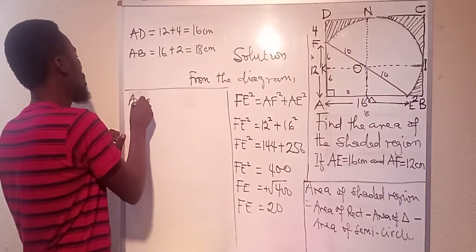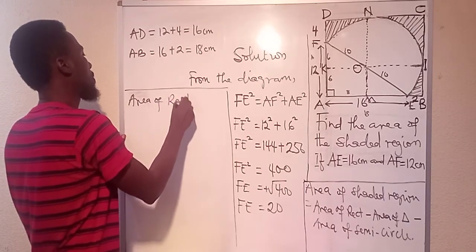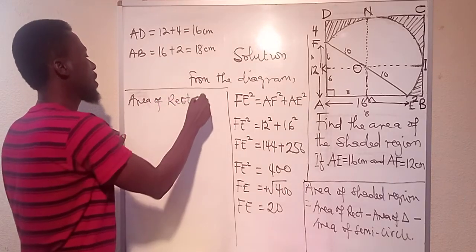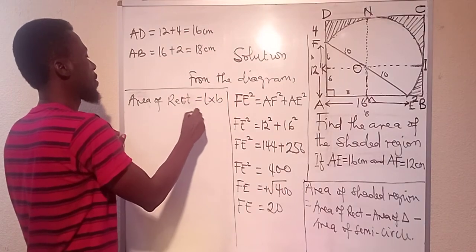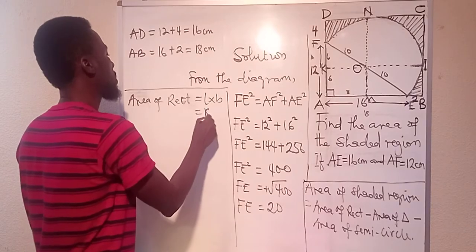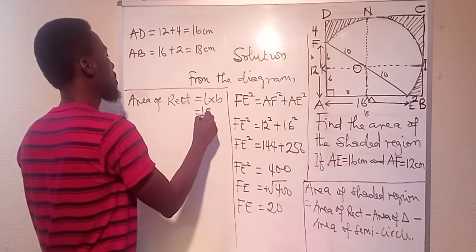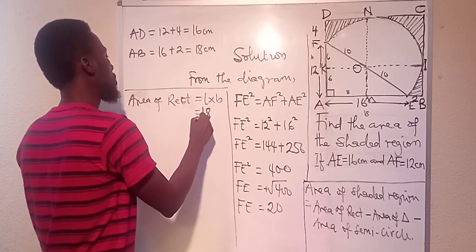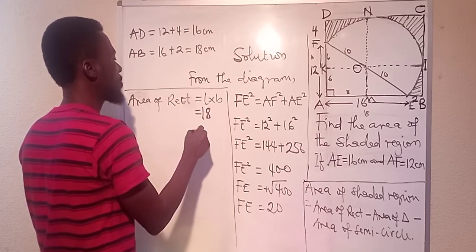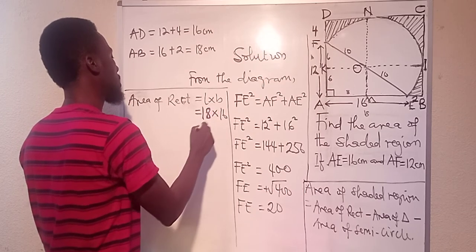So the area of the rectangle is equal to length times breadth. What is the length? The length is the longest side, which is 18, and the breadth is 16.